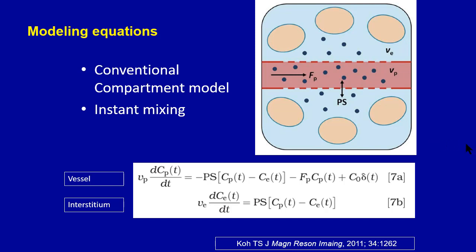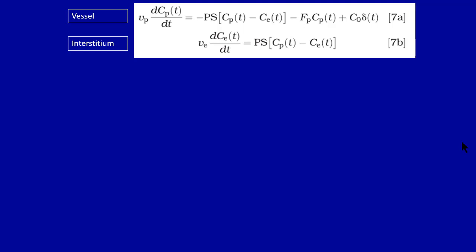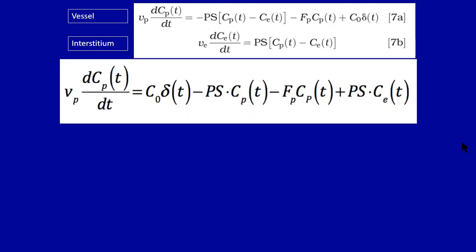So let's take the first one, the vascular space. Okay, let's rearrange the equation so that it's easier for us to understand. Now, by convention, when physiologists measure flow and permeability, they give the results in terms of volume over time, mLs per minute or mLs per second, per volume of tissue.